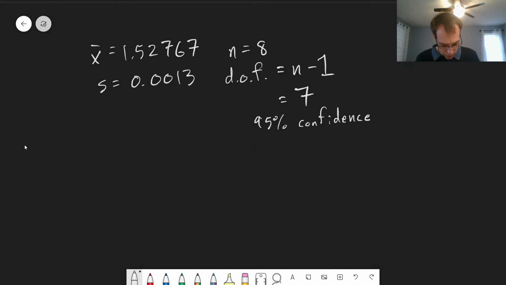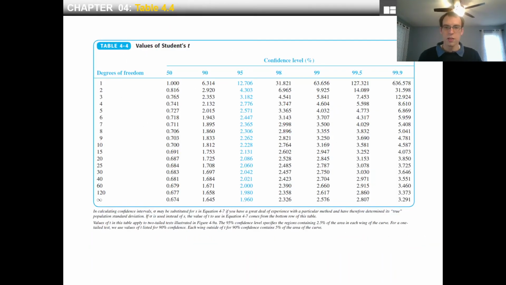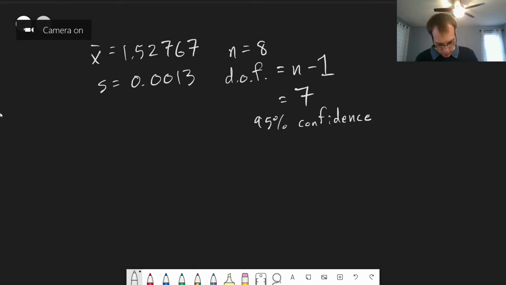Then we can look up the value of t that we're going to need. Going back to my PowerPoint here, we go to 95% confidence interval, 7 degrees of freedom, and 2.365 is the value of student's t. Then we can plug this into the confidence interval formula.